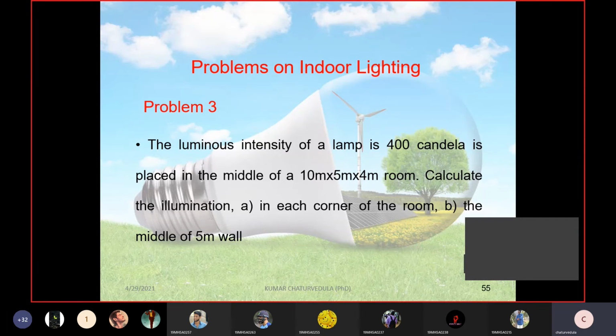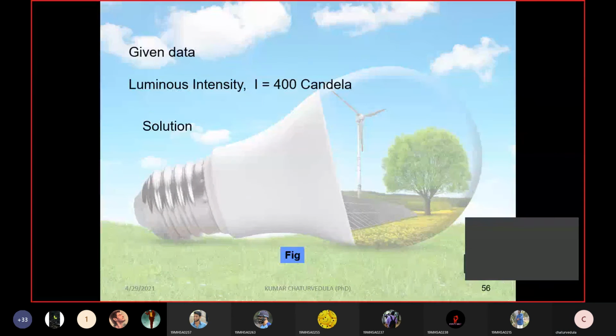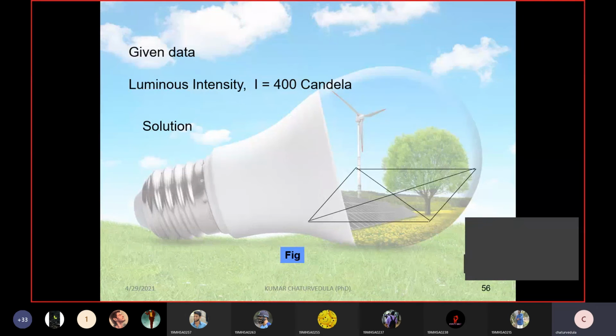Now you have to be able to draw the room size. Can you see the image representation of the room?